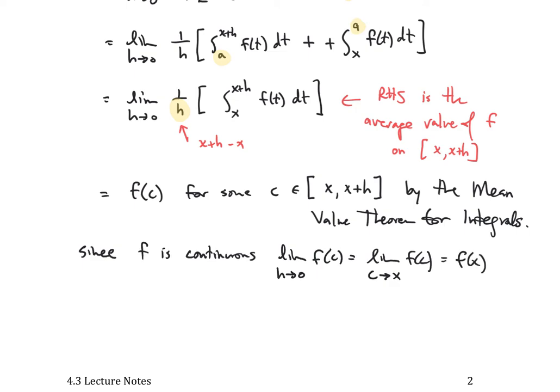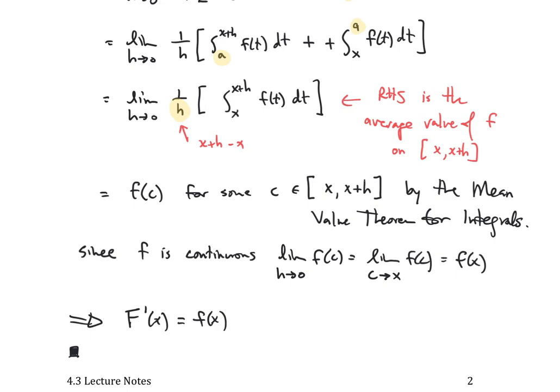At the end of all of this, we've come to the conclusion that the derivative of capital F of x is equal to lowercase f of x, and this concludes our theorem.